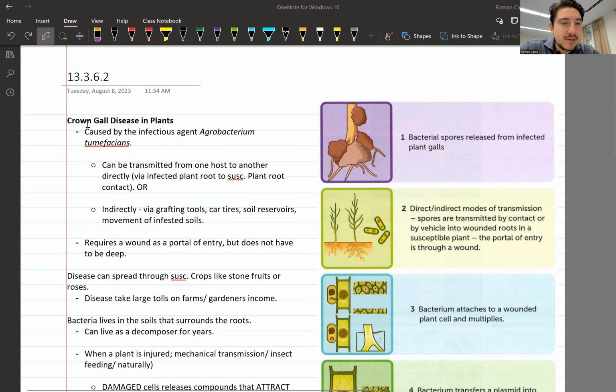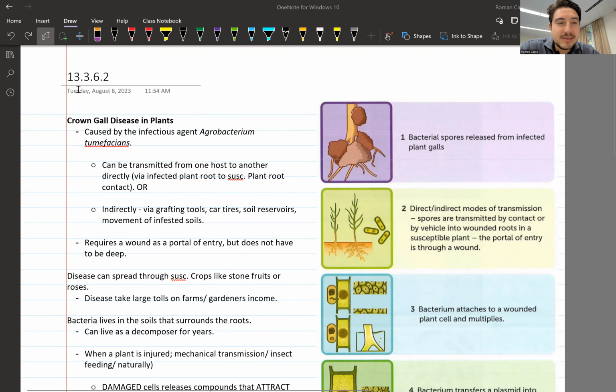It's essentially the crown gall disease in plants. We talked about it in chapter 12 anyways, but I'm going to reiterate it for you guys to understand what it is in a little bit more detail. So we're still talking about pathogens of bacteria, bacterial pathogens. So let's continue on here.